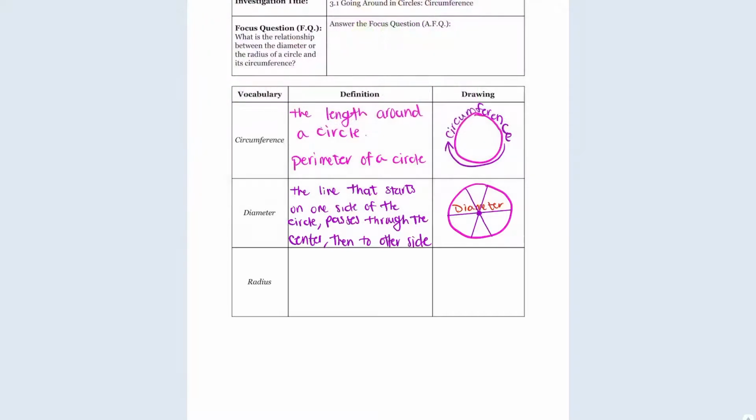All right, radius is the diameter's little brother, right? So this line starts on one side, just like our diameter. The radius is the line that starts on one side of the circle and stops in the center.